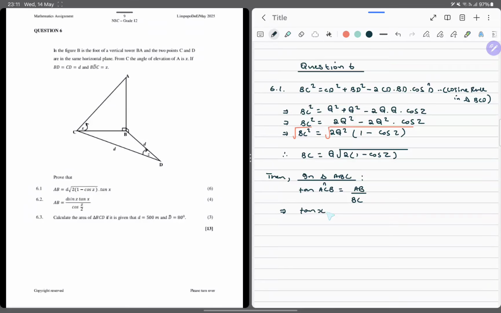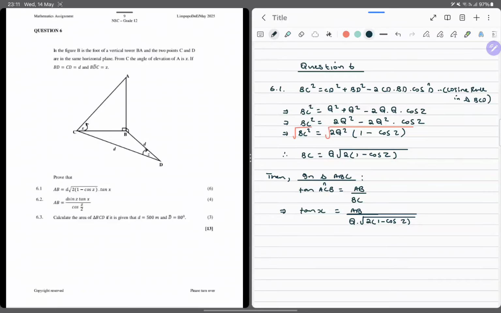So we get tan of x is equal to AB over BC, which is d times the square root of 2 into 1 minus cos of our lovely z.